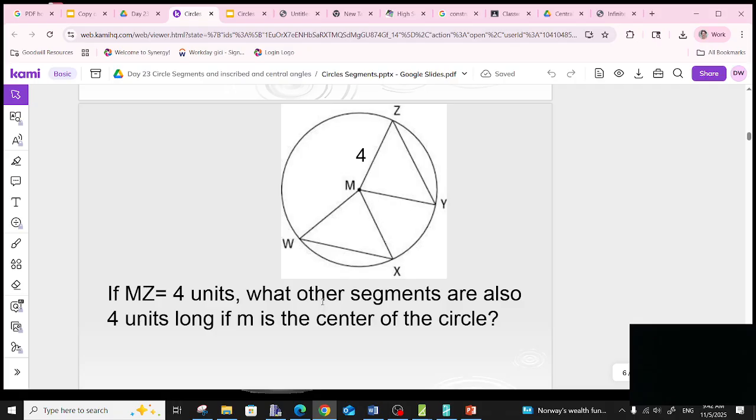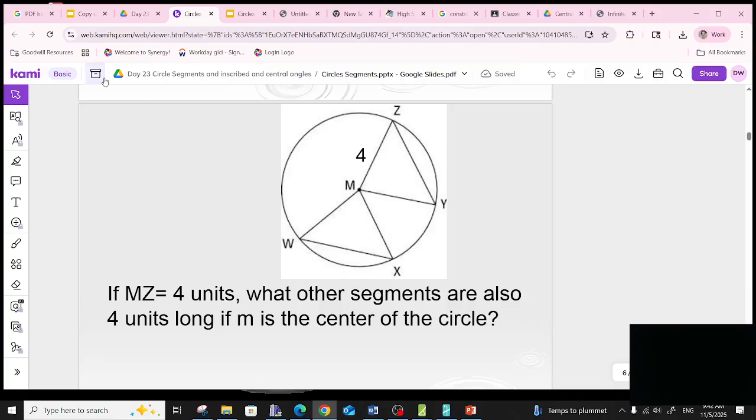Label your radii 4 units. How many radii are there? I see 1, 2, 3, 4. I do not see 6. ZY and WX are not radii because they're not coming from the center. So how many are there total?